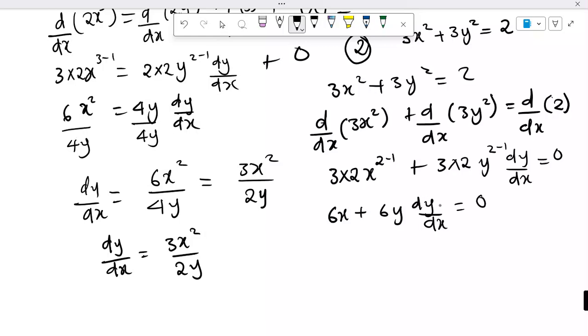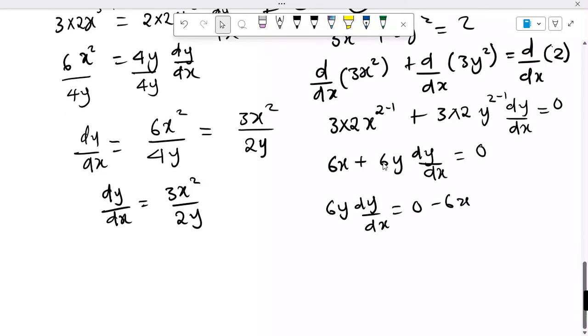So we want to make dy dx the subject of the formula, so we take this other side, so it will be 6y dy dx equals 0 minus 6x. Okay, then 6y dy dx equals negative 6x.